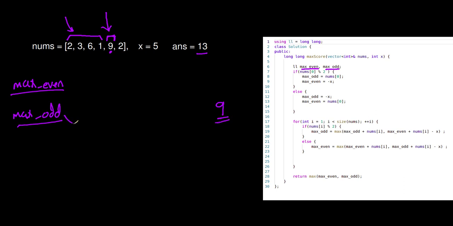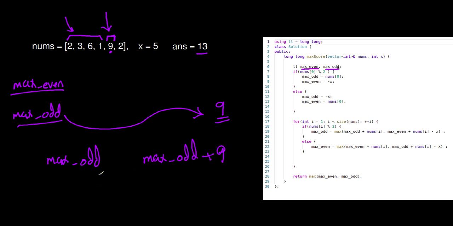Moving from odd to odd will not cost anything, so in this case the max odd will be max odd plus 9, or we can go from max even to the odd with the cost of x.